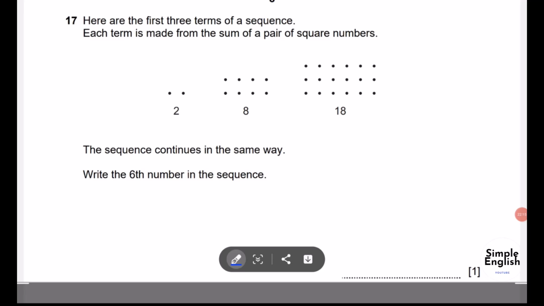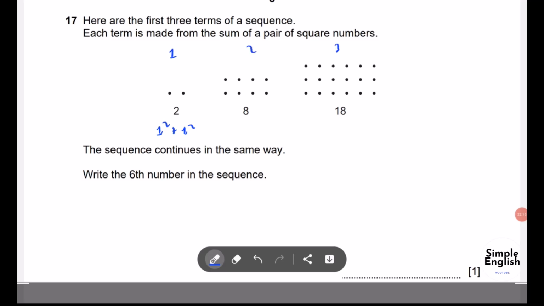17. Here are the first three terms of a sequence. Each term is made from the sum of a pair of square numbers. How about the first one? The first term is the first square plus the first square, right? The second term is 2 squared plus 2 squared.